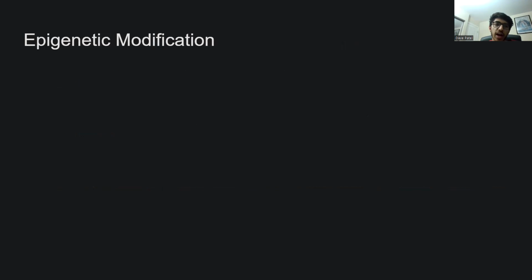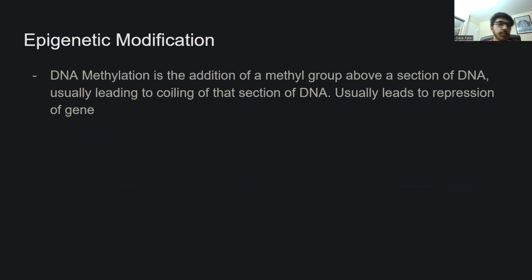So then you come to epigenetic modification, which sounds complicated, and it is a bit complicated. First off, you have something called DNA methylation. Before I get to that, though, epigenetic modification literally just means a change above the DNA, which is what epi means.